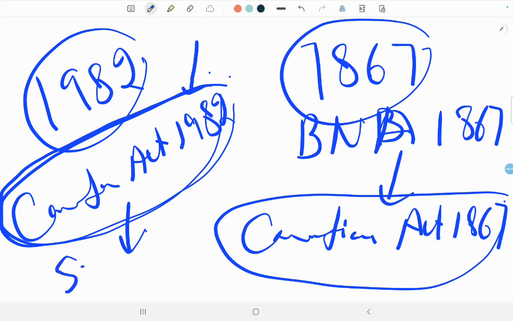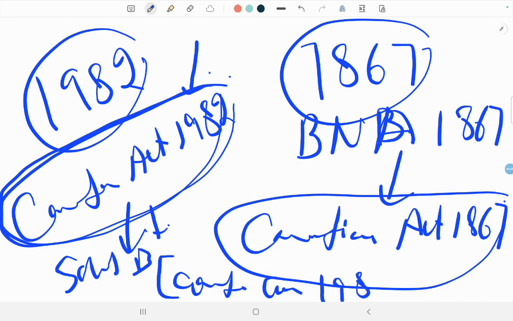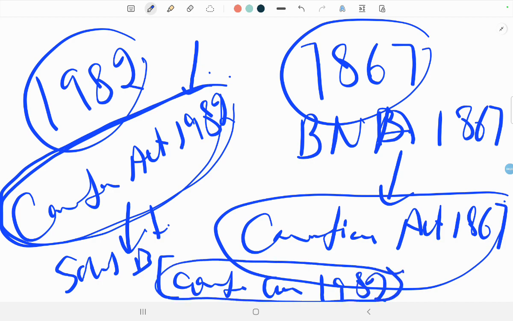In Schedule B of this Canada Act, there was the Canadian Constitution 1982, which contains the provisions of the constitution, power, federalism, Aboriginal and Indigenous people, and so on.